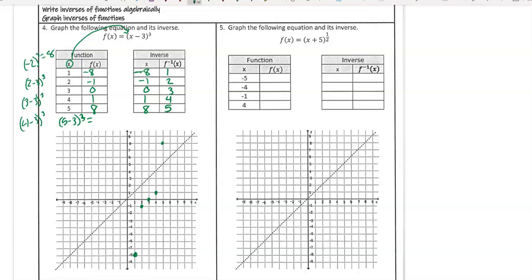All right, so there's our graph. This is the original f of x, and yes, we definitely need to label it. Now our inverse, negative 8, positive 1, negative 1, 2, 0, 3, 1, 4, and 8, 5.